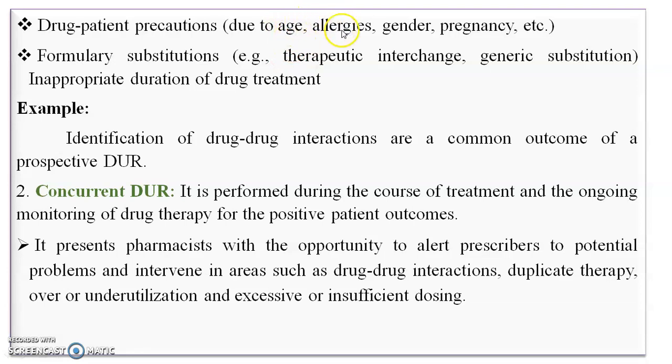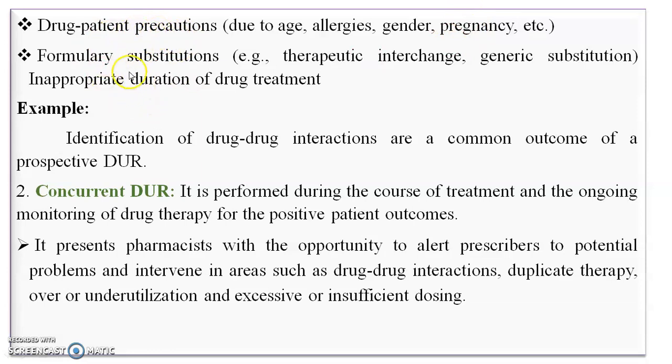And if the patient already has known allergies and that particular drug is prescribed, that can be easily identified. As we know, in case of gender, females are more prone to develop ADR than males, that has to be checked again. If any particular drug is contraindicated in pregnancy, that has to be checked. So drug-patient precautions can be easily identified during a prospective DUR.